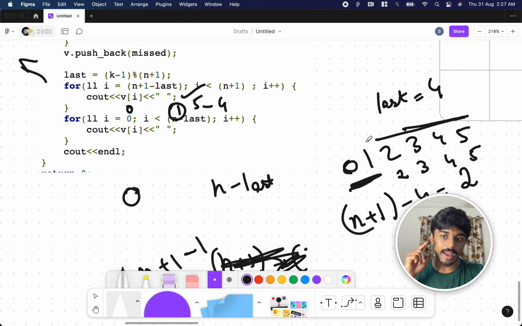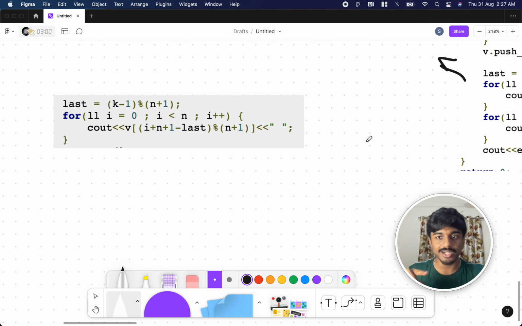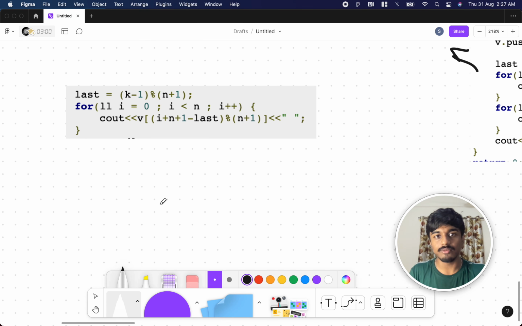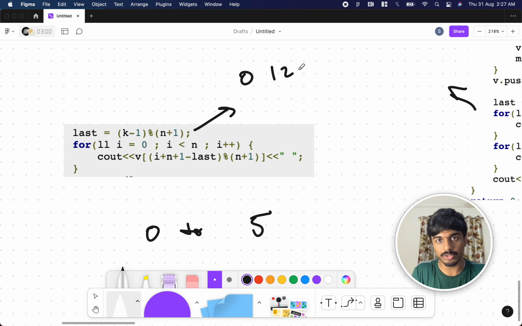So that's all. And one more important thing: this is the normal scenario, okay? But in order to make it more beautiful, within a single loop itself you can do it, like 0 to 5. How will you do it? See, if it is 0, 1, 2, 3, 4, 5, we take the last 4 index, right?